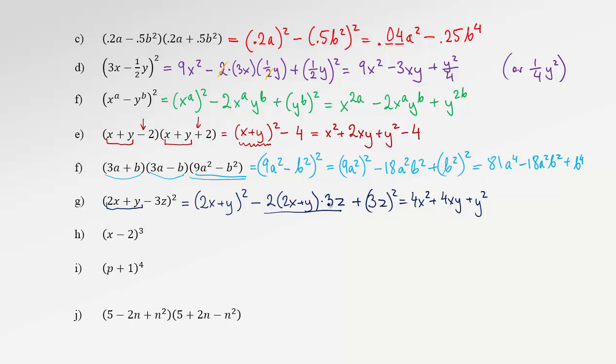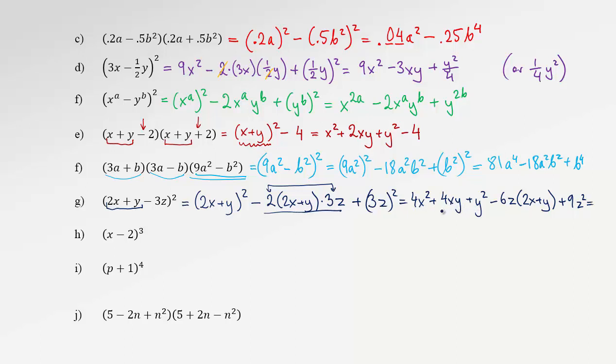So to do it in steps, maybe let's multiply 2 times 3z first and leave multiplication by the bracket for the next line. So negative 2 times 3z is negative 6z times a bracket 2x plus y. Finally, plus 9z squared.